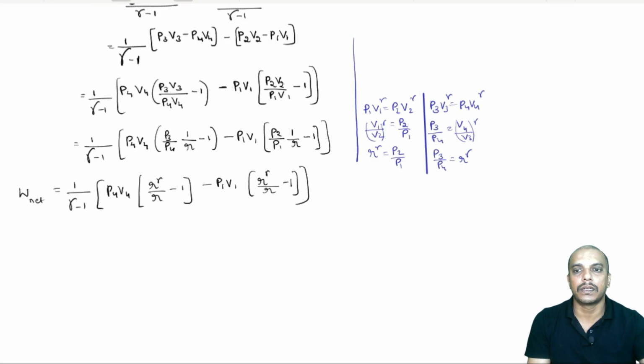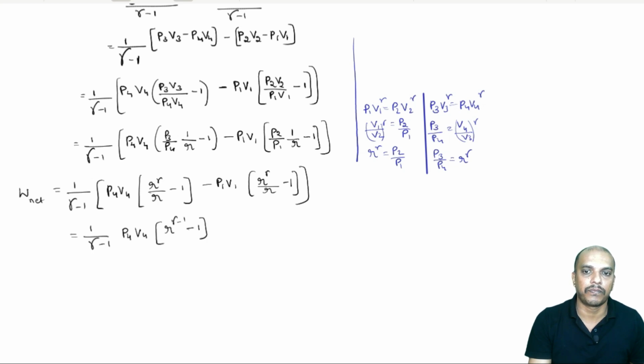This can be further rewritten as 1 by gamma minus 1, P4 V4 times R power gamma minus 1 over R minus 1, minus P1 V1 times R power gamma minus 1 over R minus 1.